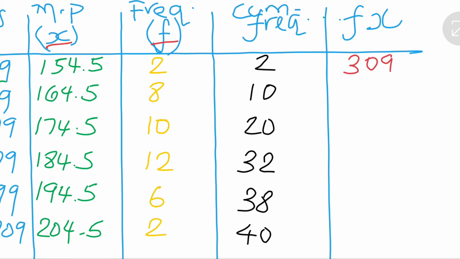The next, 164.5, and we are multiplying that by 8 to get 1316. Next, 174.5, multiply that by 10, that's obviously 1745.